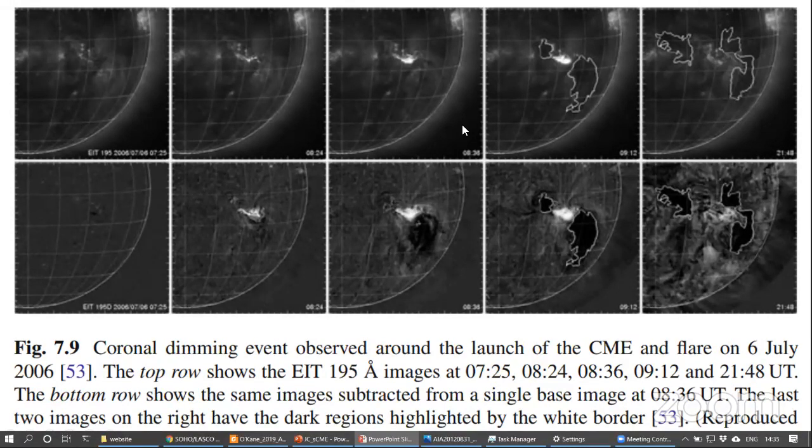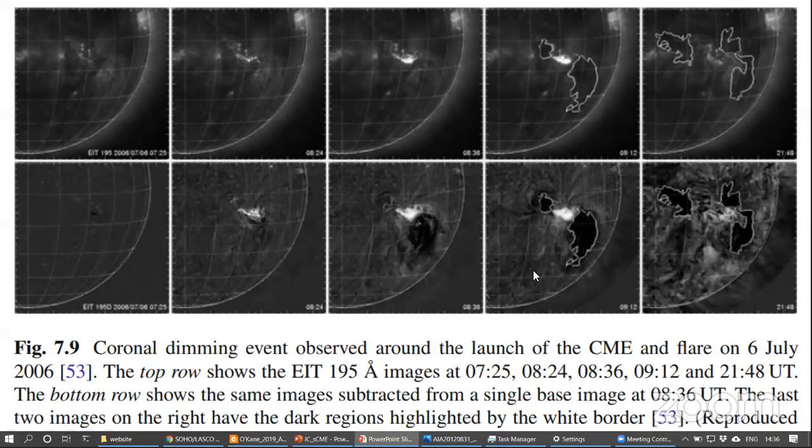If you see the sequence of images after the flare, there was some eruption, and you can see that all of a sudden a dark region has appeared. Initially, there was not so much darkening as compared to the previous figures, and in the bottom panel also you can see that in the difference images, this is actually prominent.